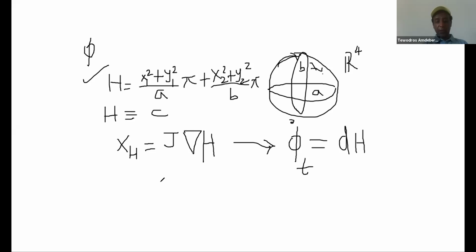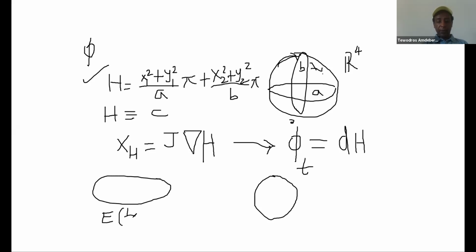And the reason is the following. The first ellipsoid, E(1/2, 2), and the other ball. It has the same symplectic volume as the ball in 4 dimensions, of radius 1. Another way of writing the ball is E(1,1).